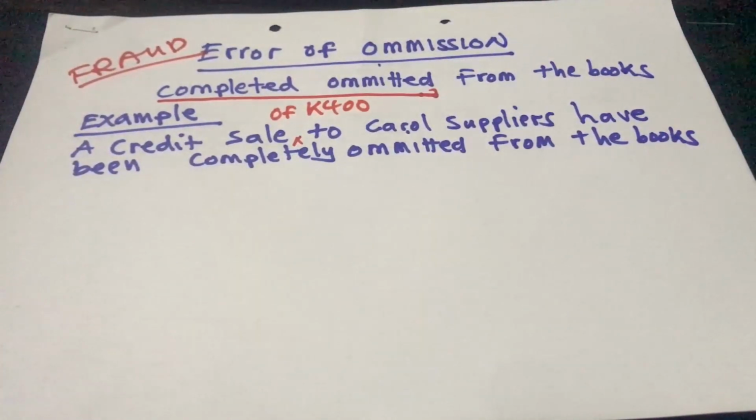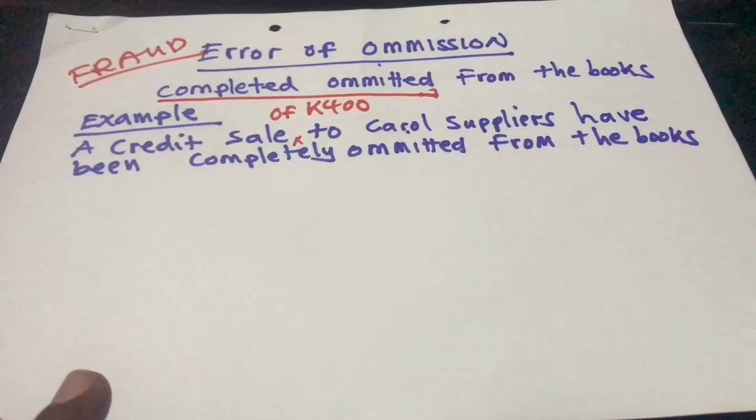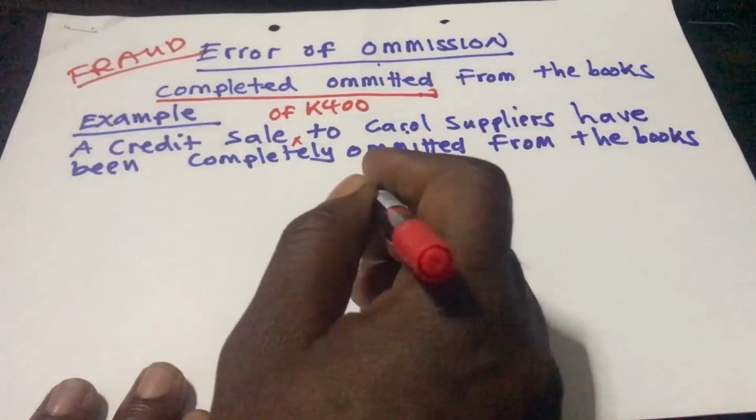I don't know what Caro got. Maybe she got some blankets or whatever. But a credit sale of 400 to Caro suppliers has been completely omitted from the books. So now, when a question comes like this, you'll be asked to correct using a journal proper.